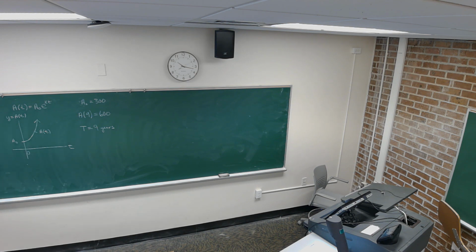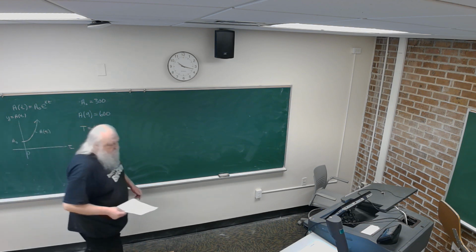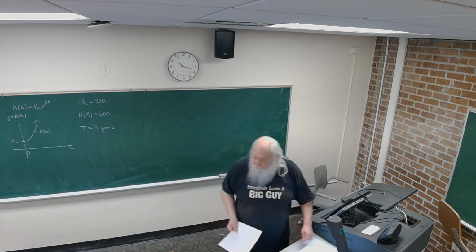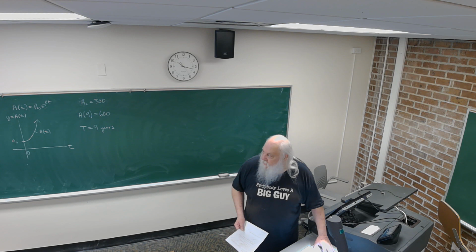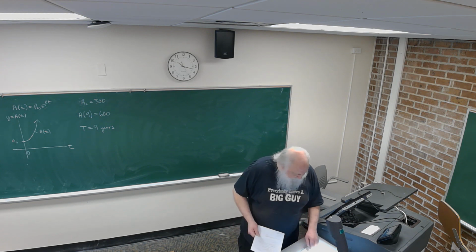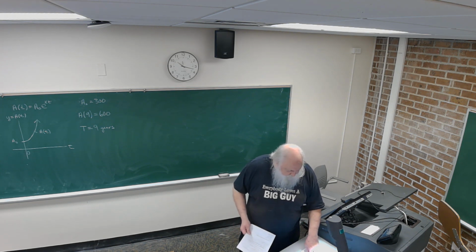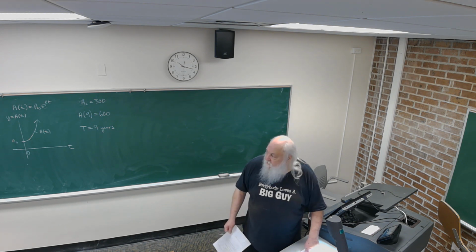I'm just filling in information in this rectangle that I know from the problem. Part A asks: find an exponential model for the number of bacteria in a culture after t years.